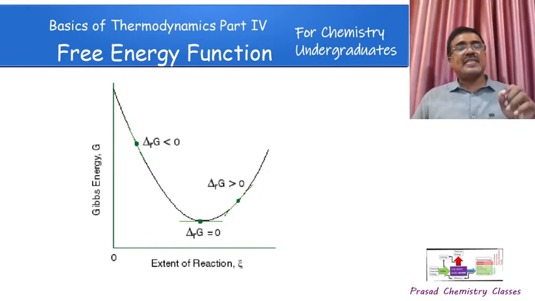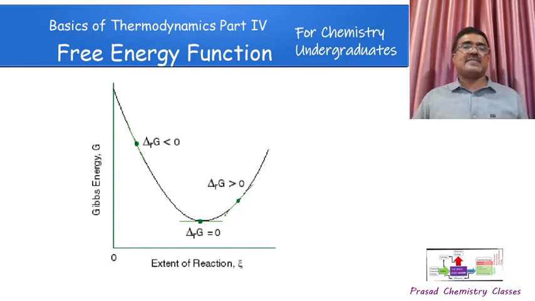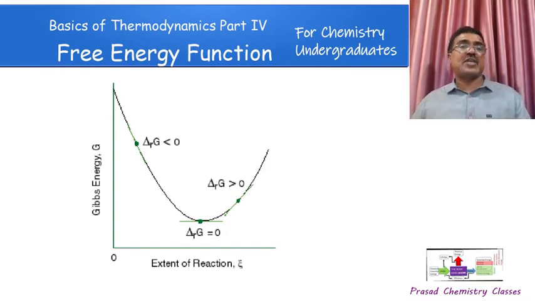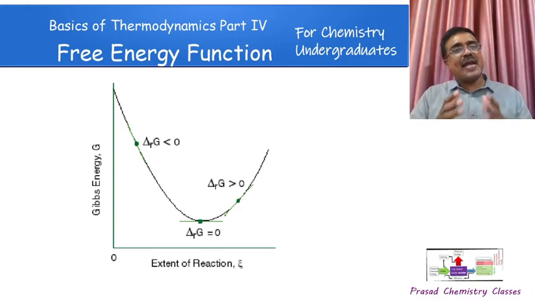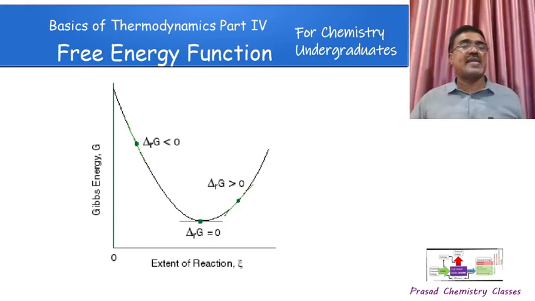Delta G for a reaction is the G of the products minus G of the reactants, and that depends on temperature, pressure as well as composition. As composition changes, the G of products as well as G of reactants will change. So delta G of a reaction will be continuously changing during the reaction.